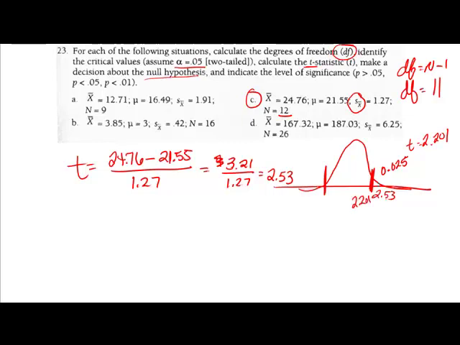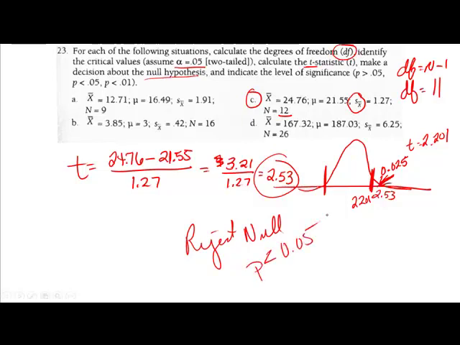Now the t-score that I got was greater than that. So I'm here in our area of rejection, so I'm going to reject the null, because our probability is less than 0.05. There we go. There's our answer.